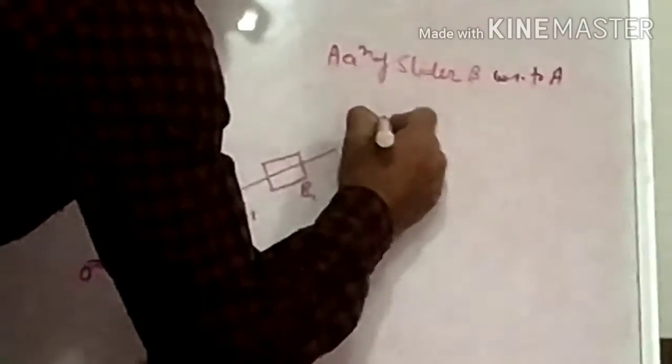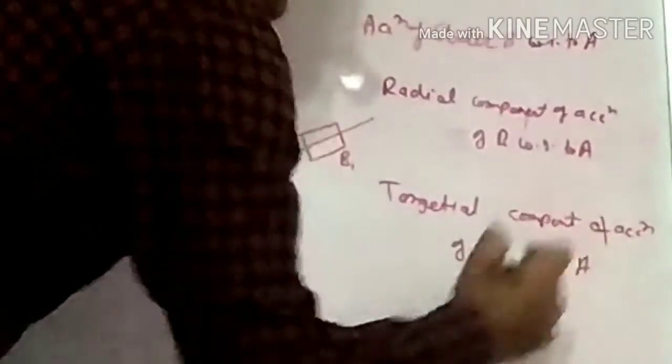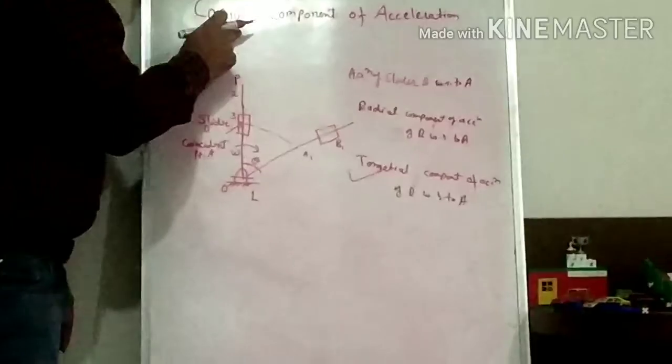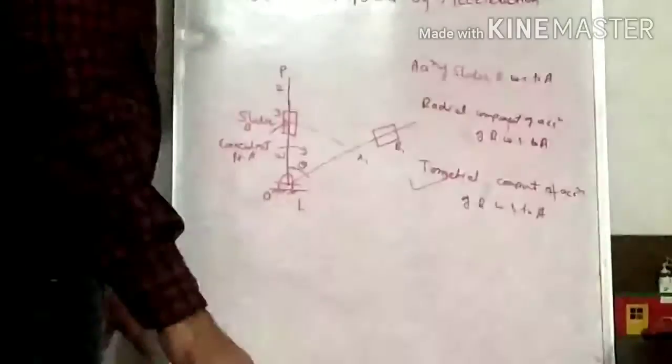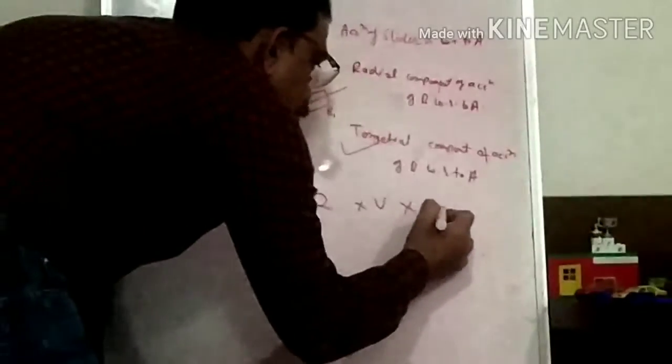So there is the radial component of acceleration of slider B with respect to A, and the other is the tangential component of acceleration of slider B with respect to the coincident point A. This tangential component of acceleration of slider B with respect to point A is known as the Coriolis component of acceleration. Its magnitude is 2 into V into omega.